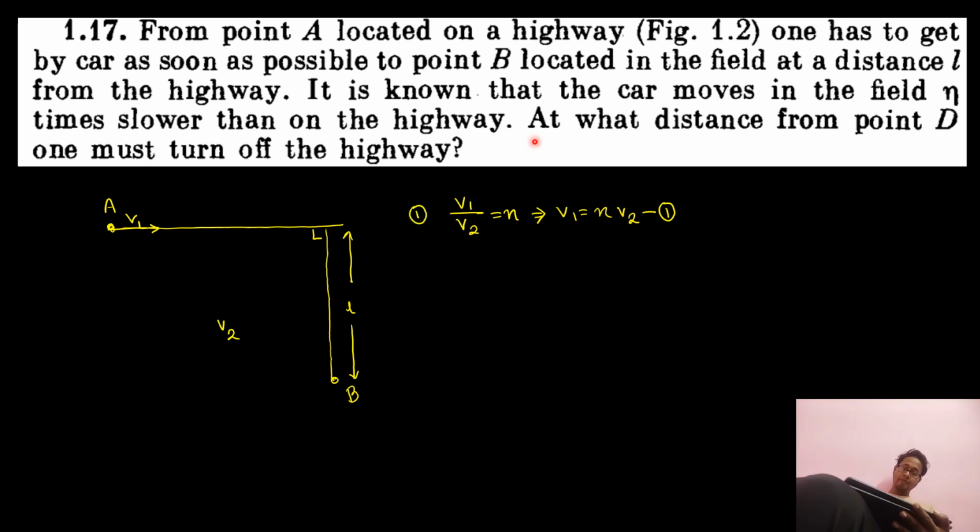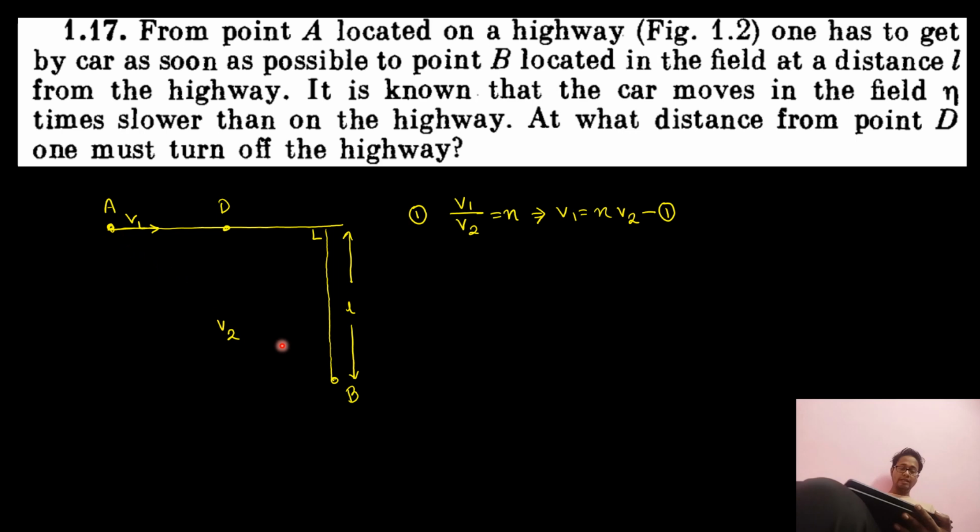Now at what distance point D must one turn off from the highway? Suppose he must turn at point D. He goes with velocity v1 on the highway and with velocity v2 in the field.